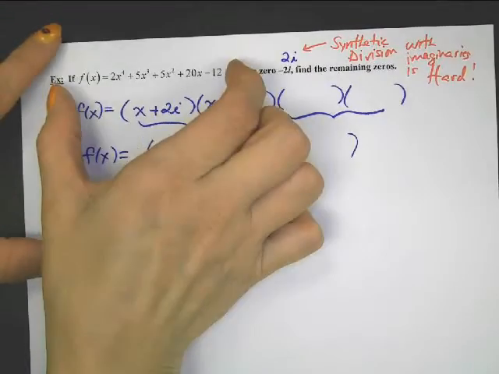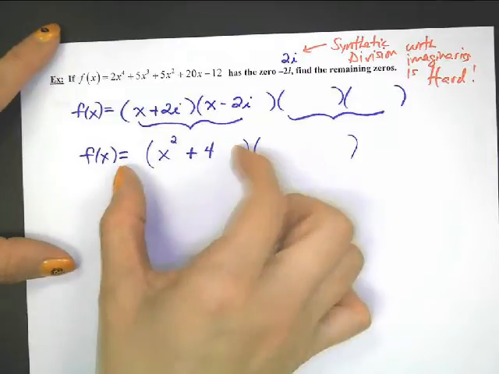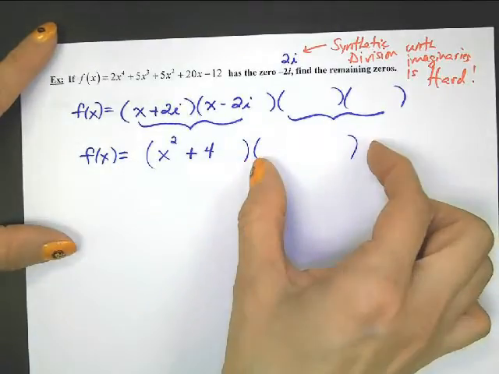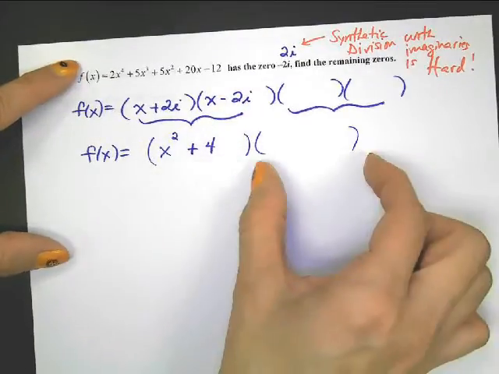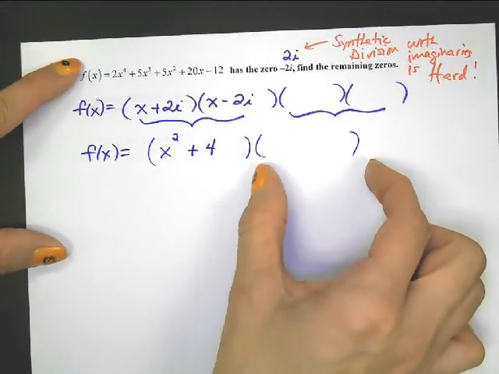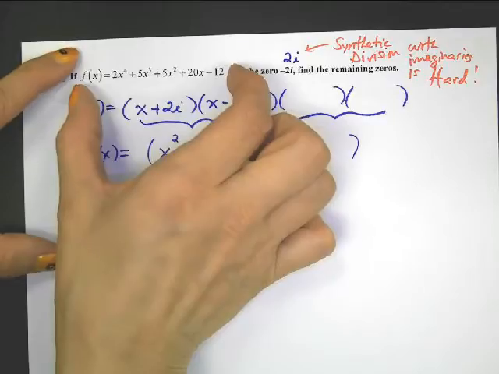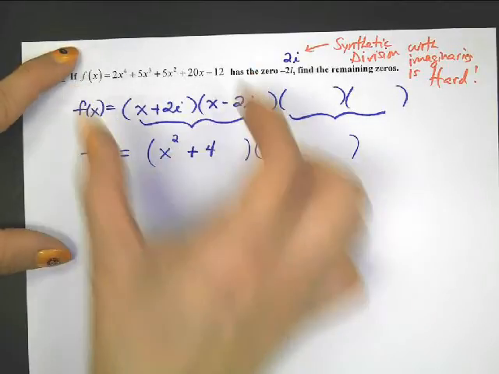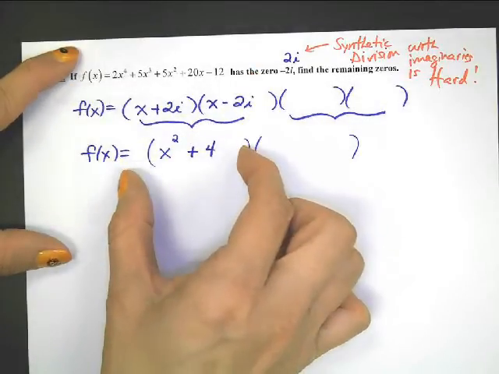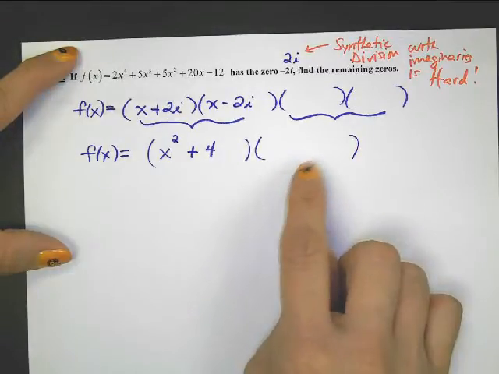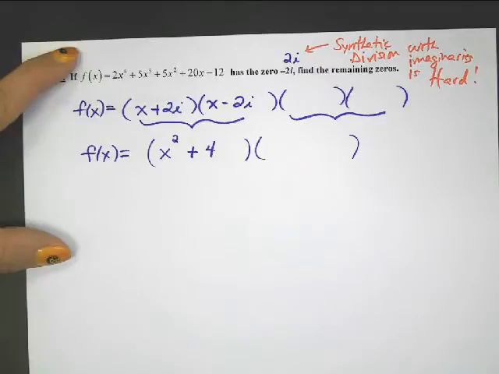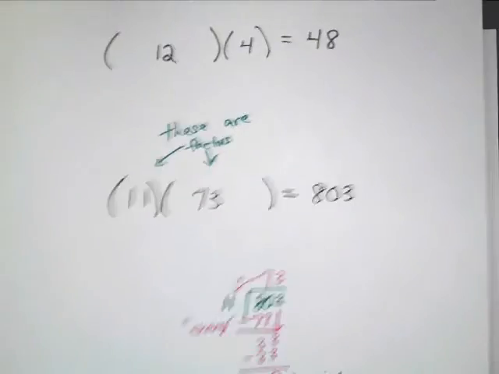f of x is something times something. f of x is this times this. This is the big f of x, and it is this quantity times this quantity. How do we find this? And if you need a hint, I could always show you this warm-up page.